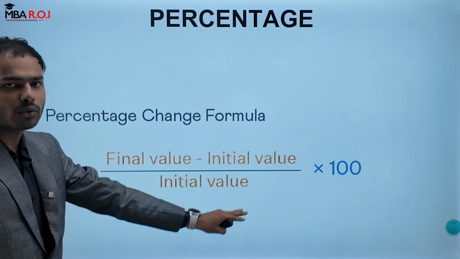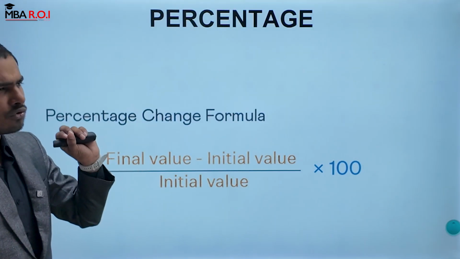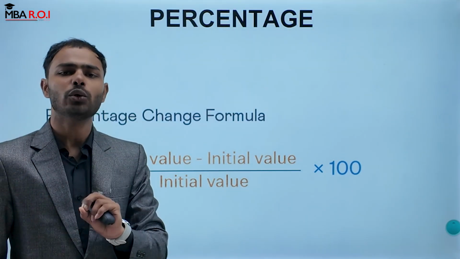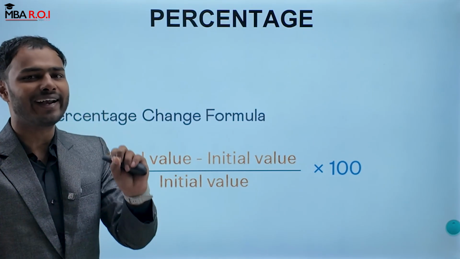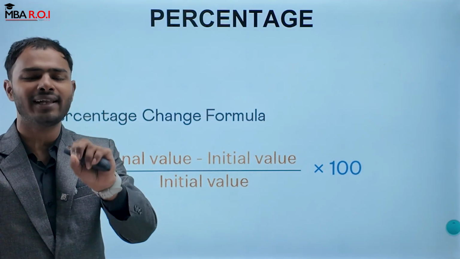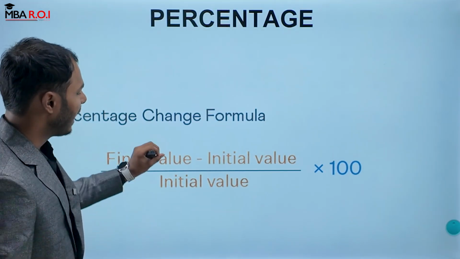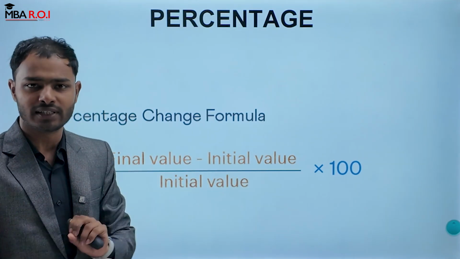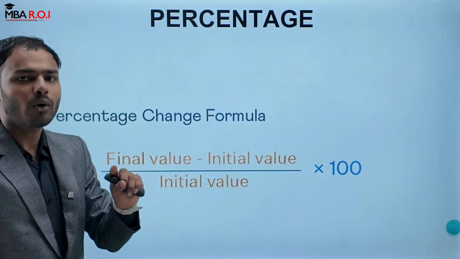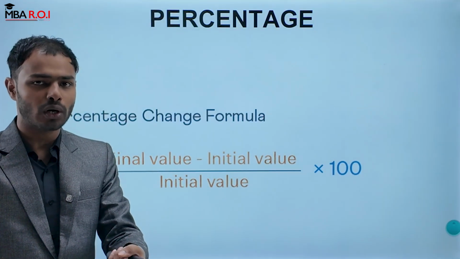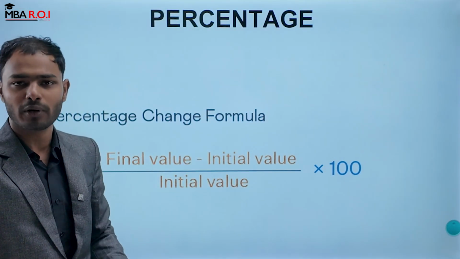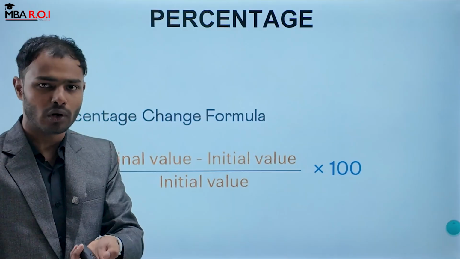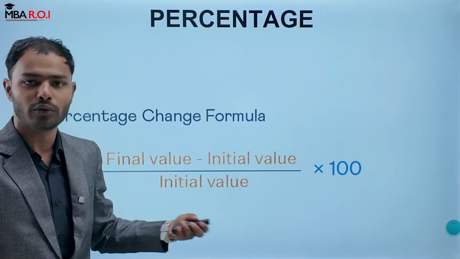It's a very easy formula. We just need to identify the final value and the initial value from the question, put them in our formula, and we can easily calculate percentage change. I'll tell you how to solve one question, and then there are certain questions which you have to solve, and in the next video we are going to discuss them.